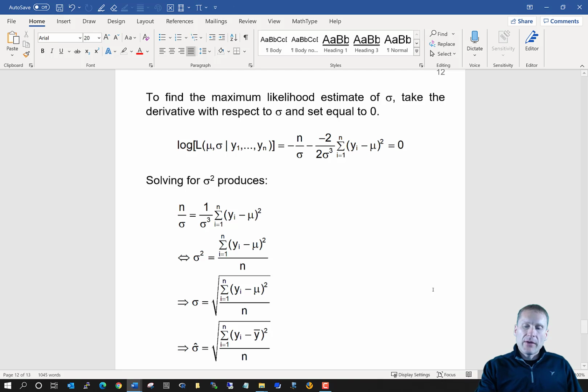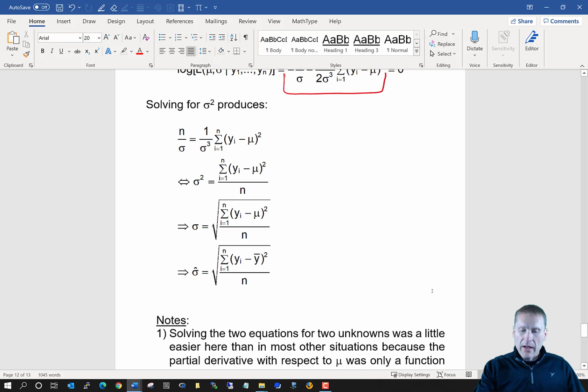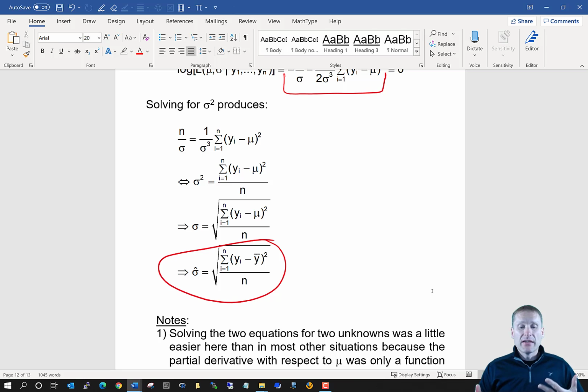Sample mean is going to estimate the population mean, or that population mean parameter. Then, if I want to find sigma, I need to do that derivative with respect to sigma. And so this is what I get here. One of the terms that was in the log likelihood function disappeared because it's not a function of sigma. I set this equal to 0. I do some algebra then, and I get sigma hat to be the square root of the sum i equal 1 to n, y sub i minus y bar squared divided by n.